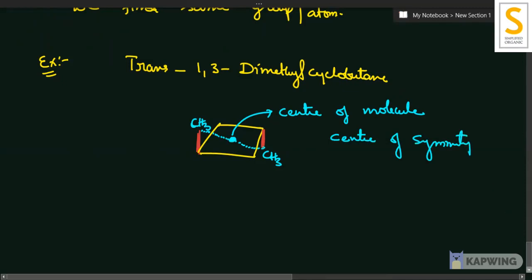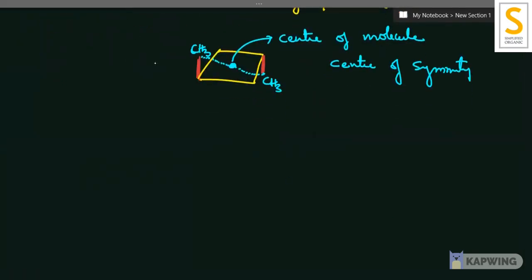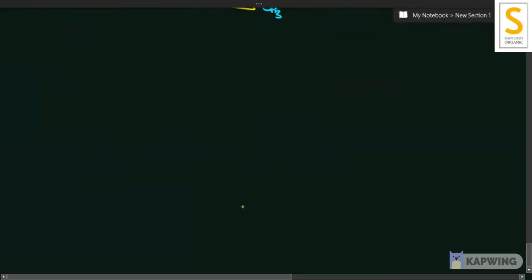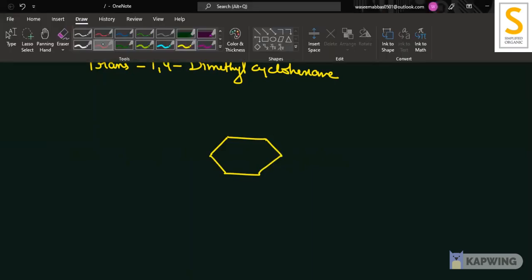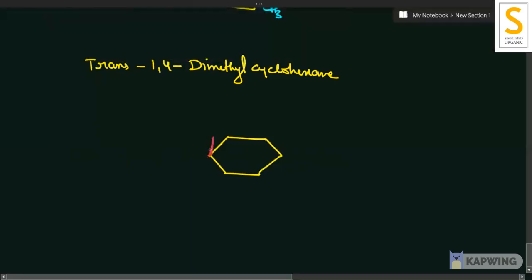One more example I'll discuss, that is trans 1,4 dimethyl cyclohexane. The structure is like this. This is the cyclohexane, and 1,4 trans.